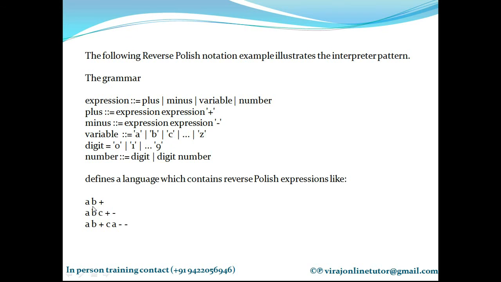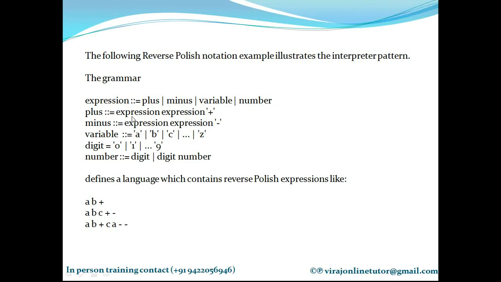So I'll again explain this. AB plus, check whether this is a correct sentence. I need to interpret this sentence from the set of rules. So AB plus, is this a valid string? Start with expression. Expression, I am replacing it with plus. Plus, I am replacing it with expression expression plus. So currently I have expression expression plus.